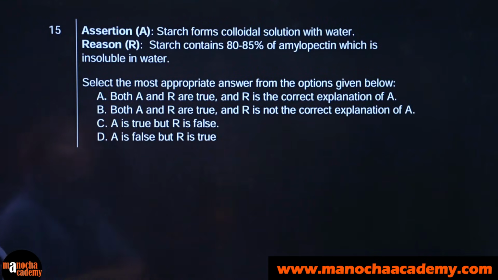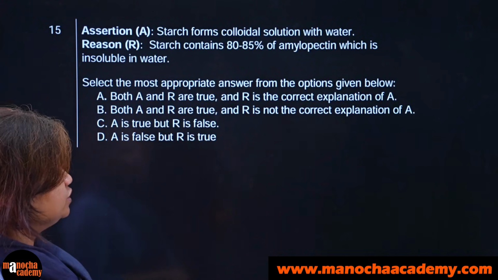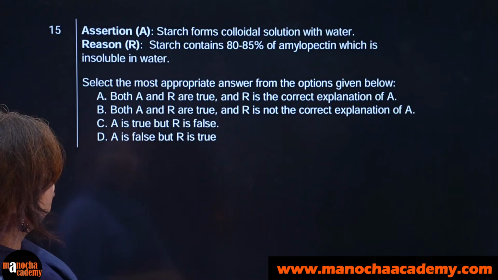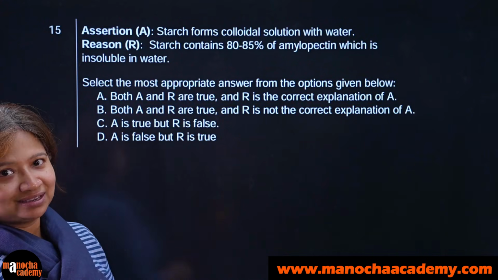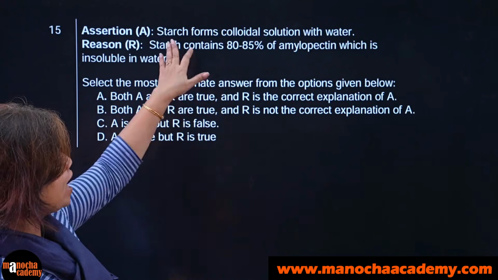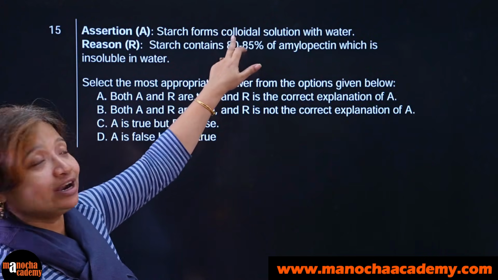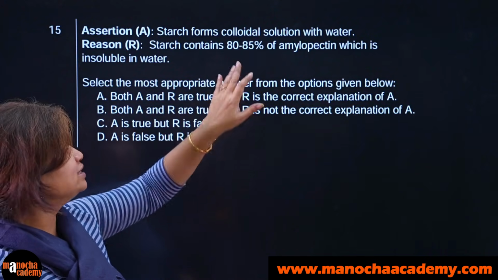Okay. Now, starch forms colloidal solution with water. Yes, of course. Starch contains 80 to 85% of amylopectin, which is insoluble in water. Yes. Both are true. And why is starch forming a colloidal solution, not a true solution? The reason is this.